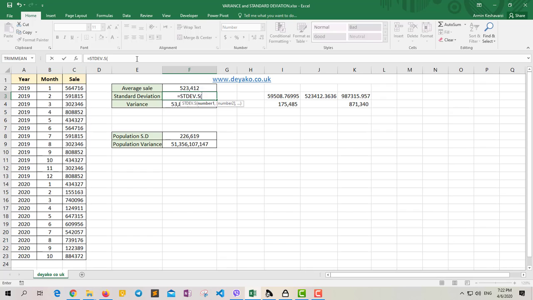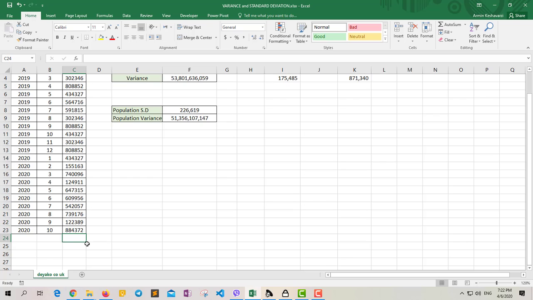So by using STDEV.S and putting the range that you want to calculate the standard deviation from, you will have your standard deviation.